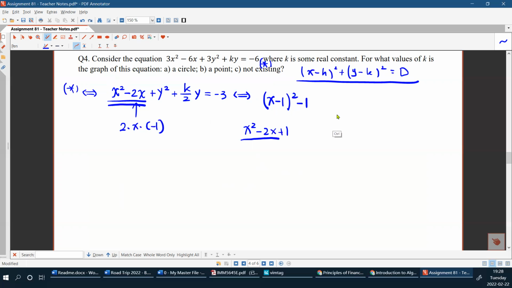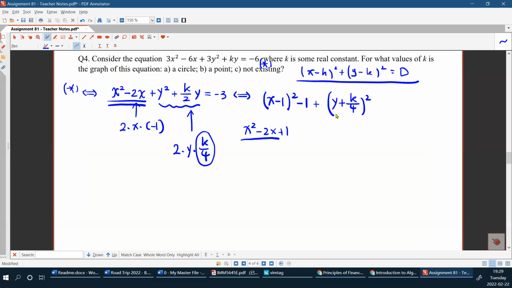And then let's consider the y. Note here, the k over 2 y can be rewritten as 2 times y times k over 4, right? So this is the number we're looking for. Then we can try using (y plus k over 4) squared.